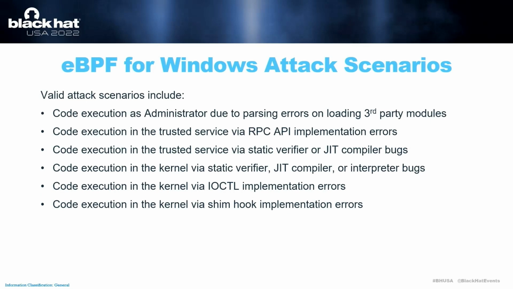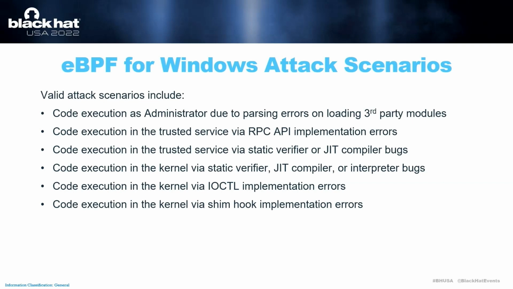So the attacks that we're looking for, since we are administrator, is that we would like to get code execution as admin. And the first way that you could do that is if you load a security module or eBPF module that comes from a third-party project, because you want to collect telemetry on your system. And so you go off to GitHub and you download and compile an eBPF program.